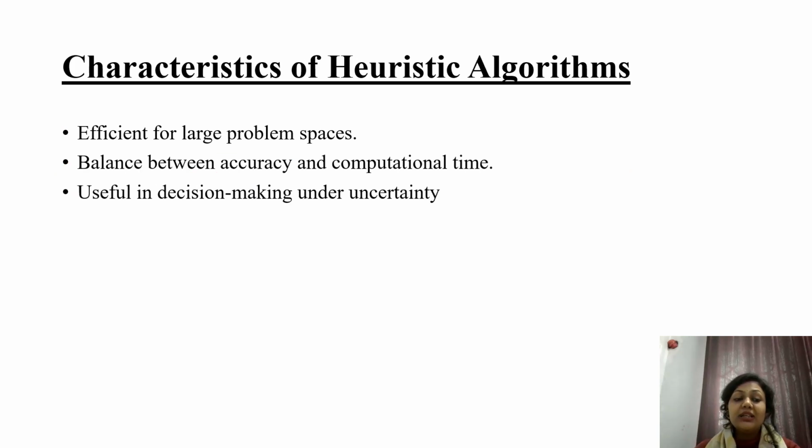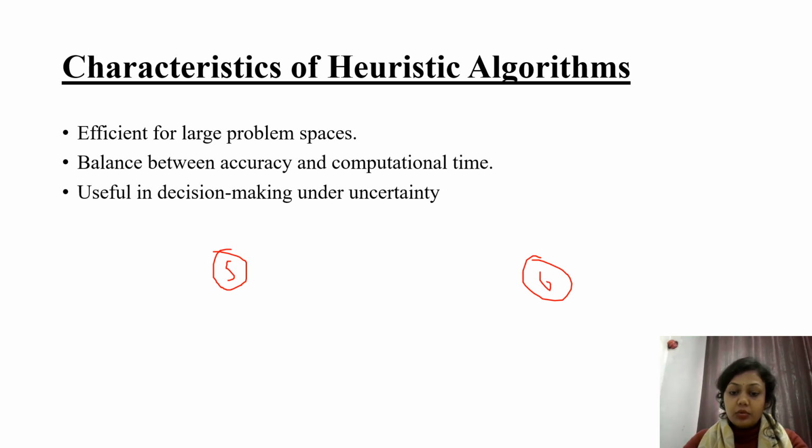Now, what are the characteristics of a heuristic algorithm? It is efficient for large problem spaces. Heuristic is an estimate of how close a node is to the goal. Suppose we have a starting node and then we have a goal node.